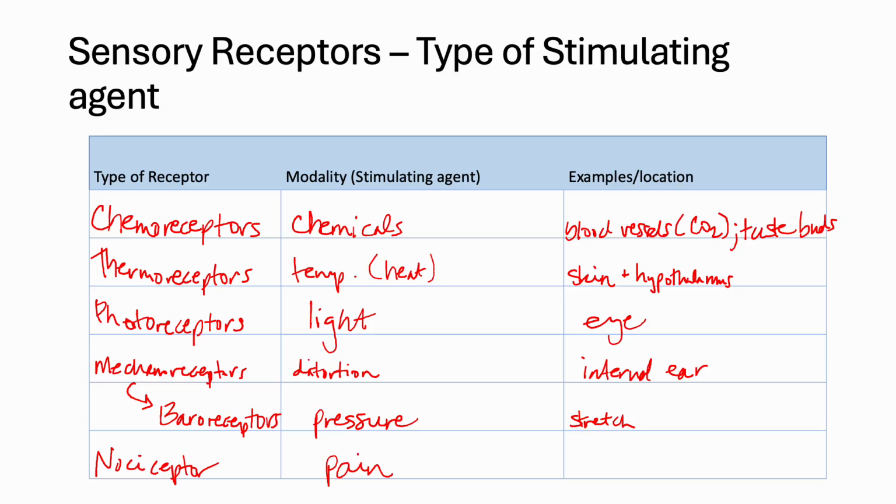So this can be perhaps the presence of very extreme temperatures or stretch that's too far, too much stretch of a particular joint, different types of things that we are going to identify as pain.